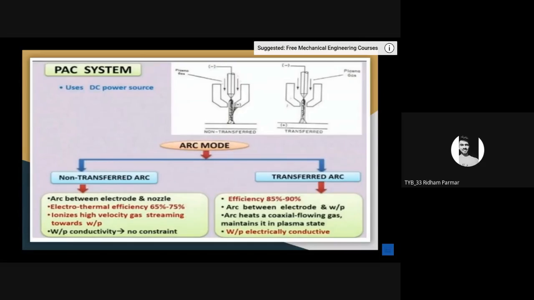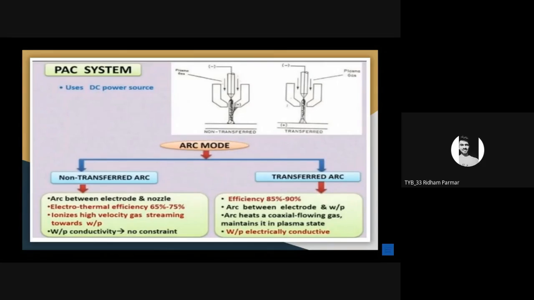The plasma jet is constricted by the flowing gas, which acts as a cooling agent sandwiched between the nozzle wall and the plasma jet. So in case of the plasma arc system, the material may be removed either by melting or by melting and vaporization both.